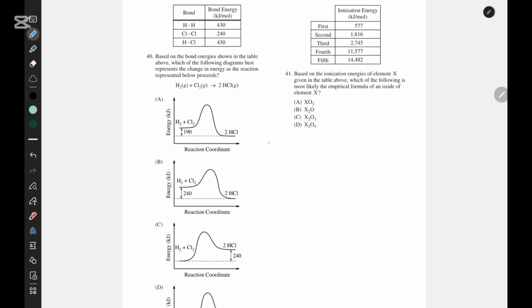So you know one thing, the formula for enthalpy change is energy absorbed during bond breaking. Bond breaking occurs on the left hand side, okay, minus energy released during bond formation.